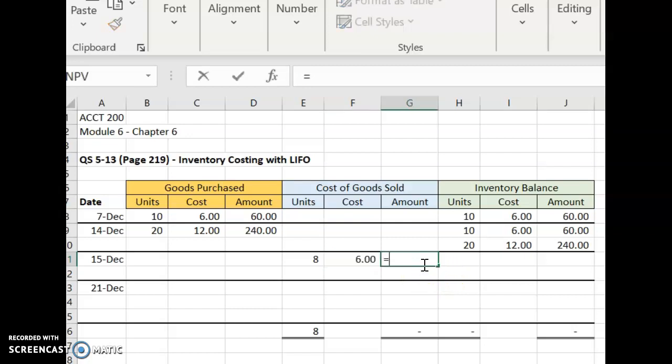I'll extend that out. I sold 7 from the December 14th purchase. So that's this $12 group. And I'll extend that out.